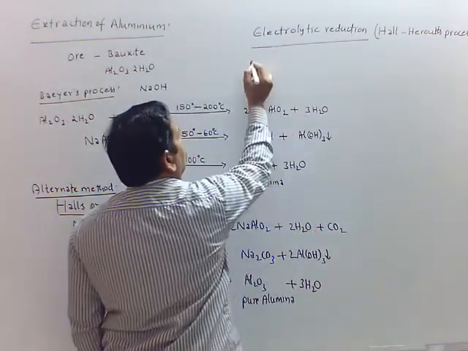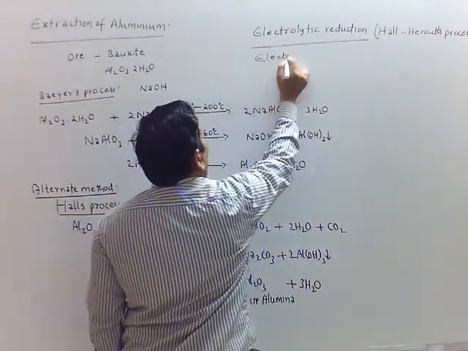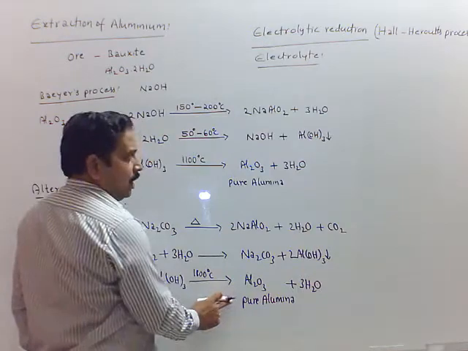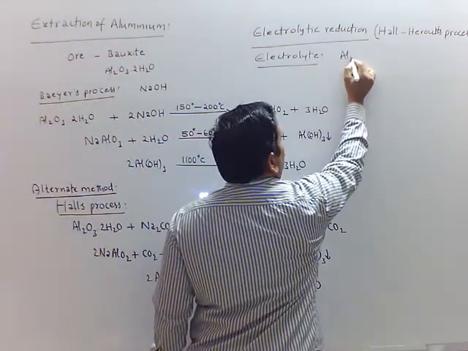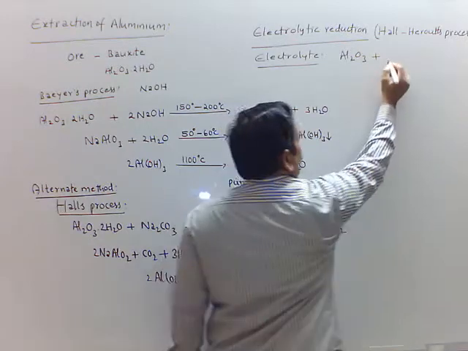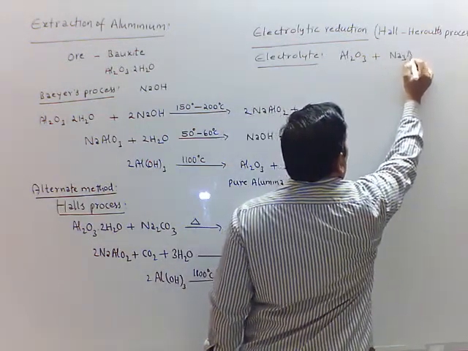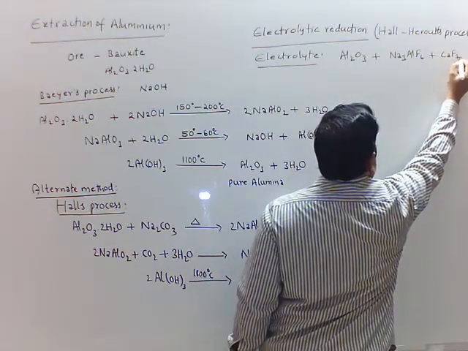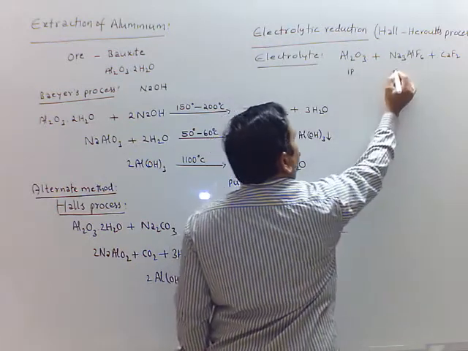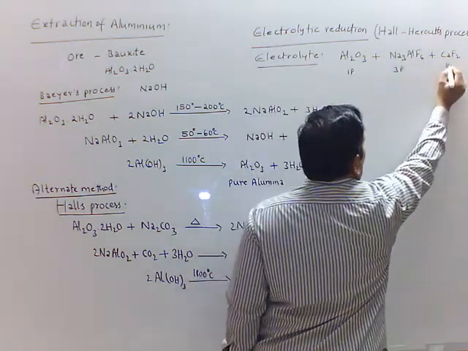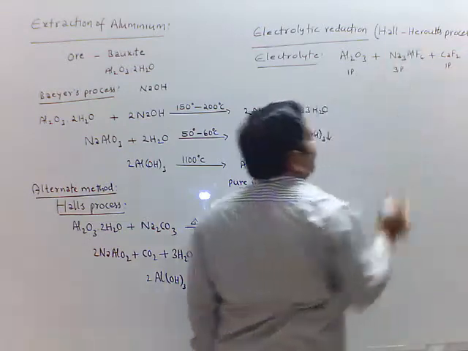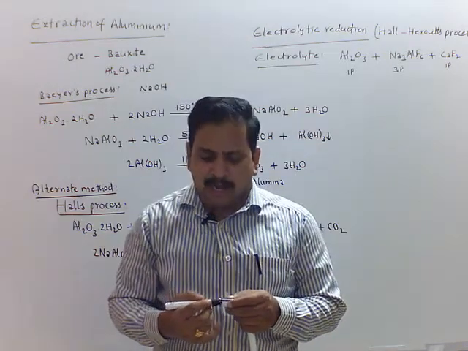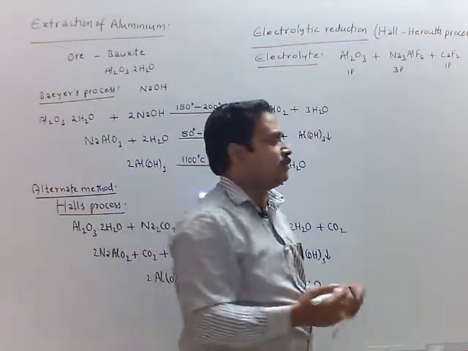In this process, we are taking as electrolyte pure alumina, Al2O3, and we are adding cryolite, Na3AlF6, plus fluorspar, CaF2, in the ratio one part, three parts, one part. This mixture is added to increase the conductivity of pure alumina and to decrease the fusion temperature.